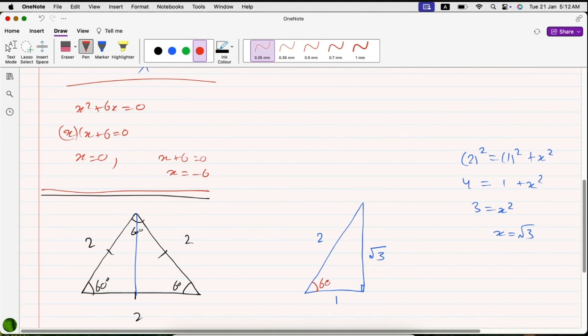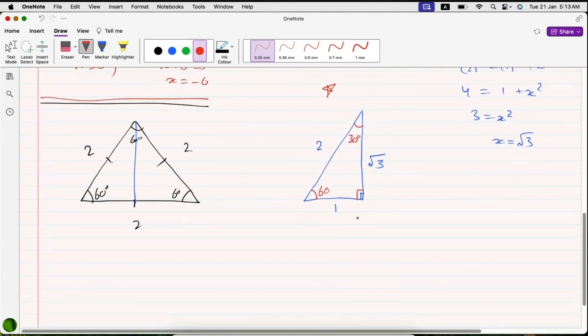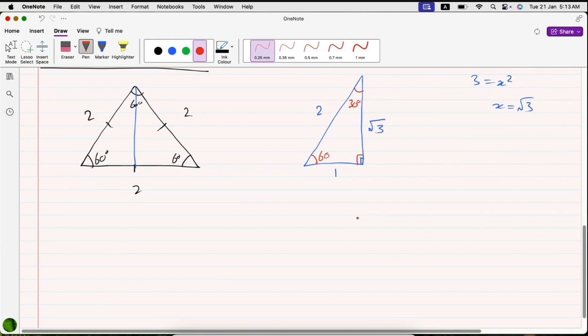So the angle stays 60. This angle is 90 degrees. This is half of the original. That becomes 30. So we have to memorize this triangle for 30 degrees and 60 degrees for sine cos tan, 30 and 60. We would know the exact values without calculator as well.